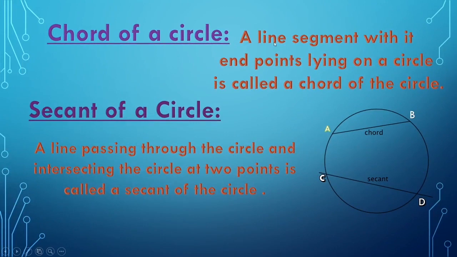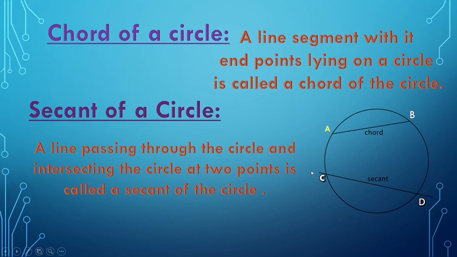Chord of a circle. A line segment with its end points lying on a circle is called a chord of the circle. Here in the figure we can see a line segment AB having its end points A and B on the circle. So this line segment is called the chord of the circle. Secant of a circle. A line passing through the circle and intersecting the circle at 2 points is called a secant of the circle.